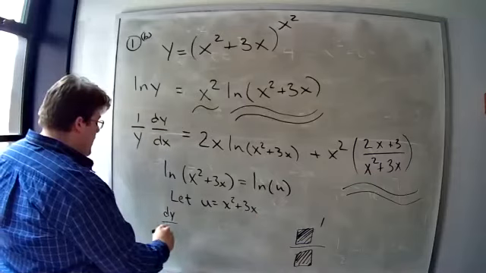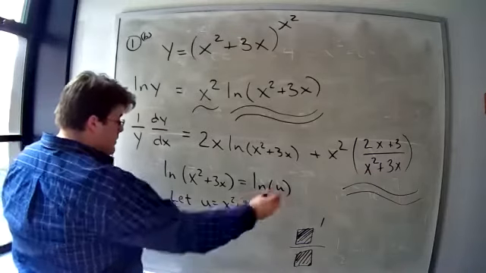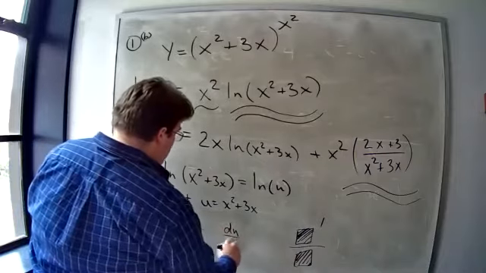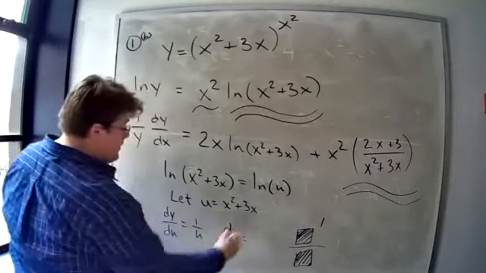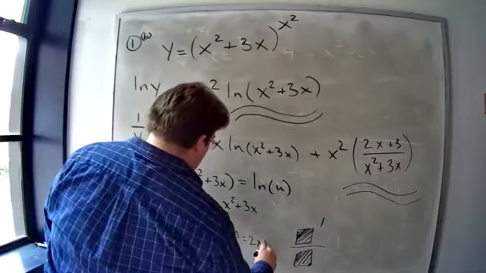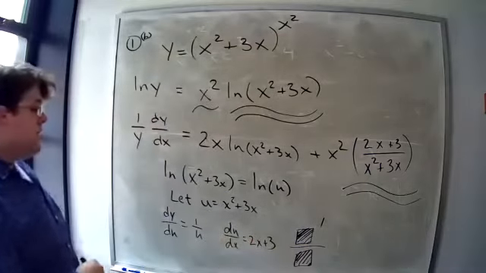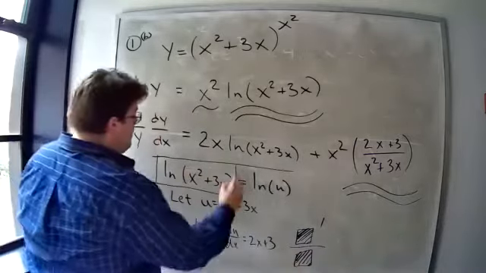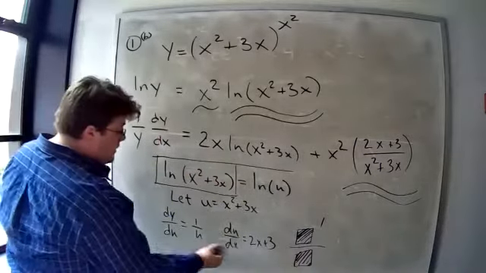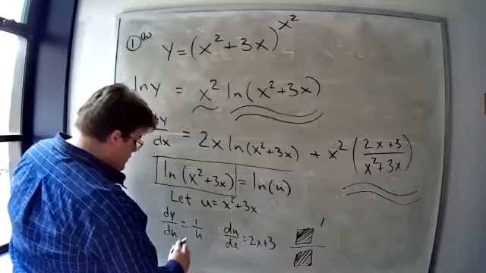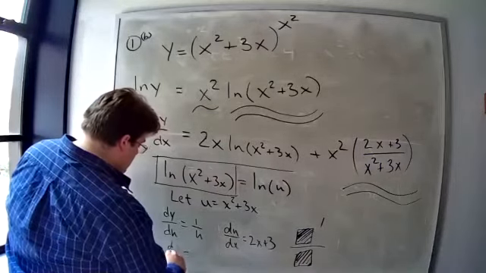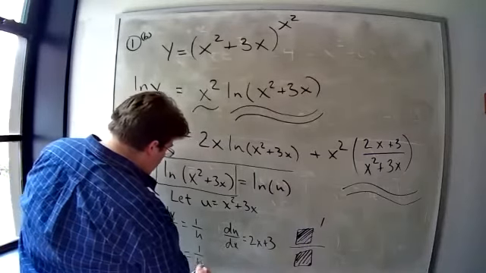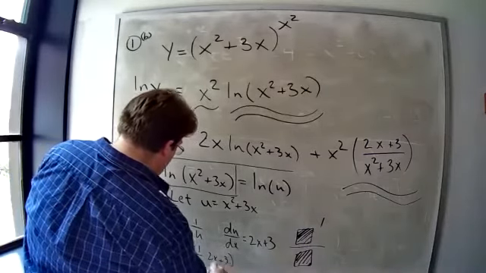So dy du is 1 over u, and du dx, the derivative here, is 2x plus 3. So then the derivative of this second piece would be given by the product of these two, which is what? 1 over u times 2x plus 3.